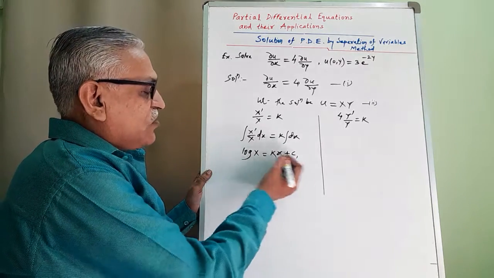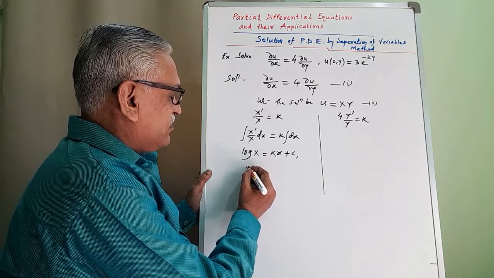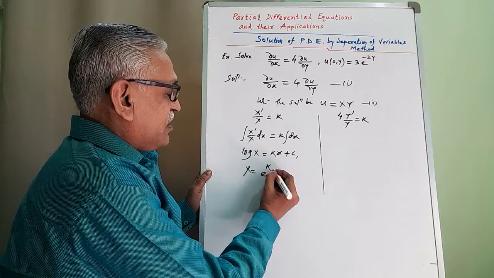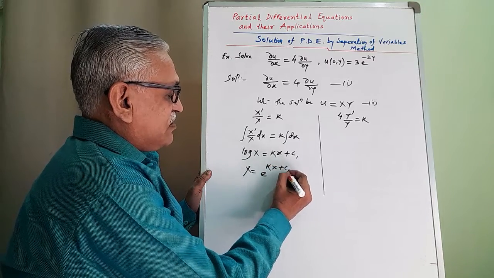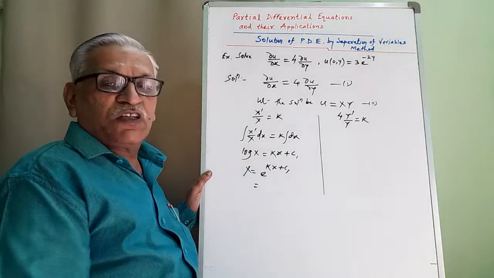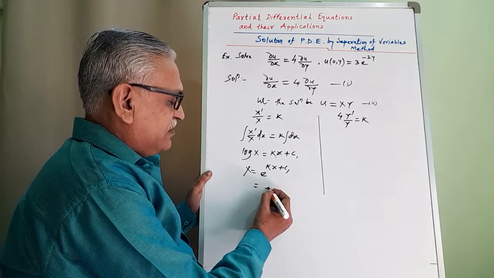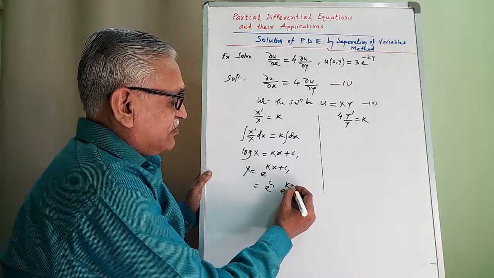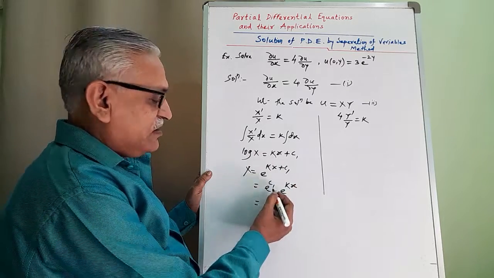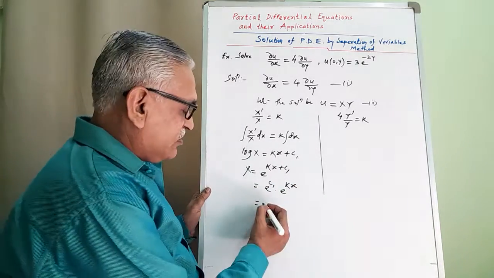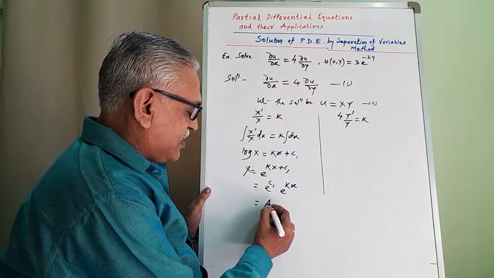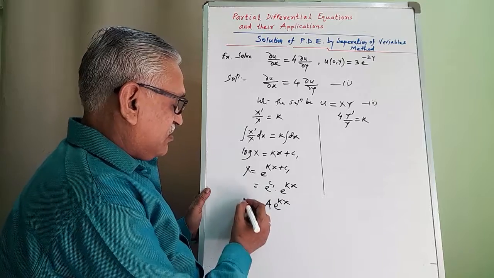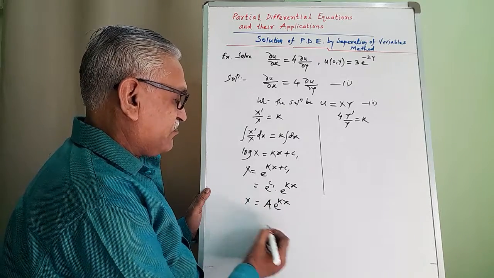Then transferring the log to the other side, X = e^(kx + c1), which is e^(c1) into e^(kx). e^(c1) is some new constant, we can call it A, so X = A e^(kx) is the value of capital X.